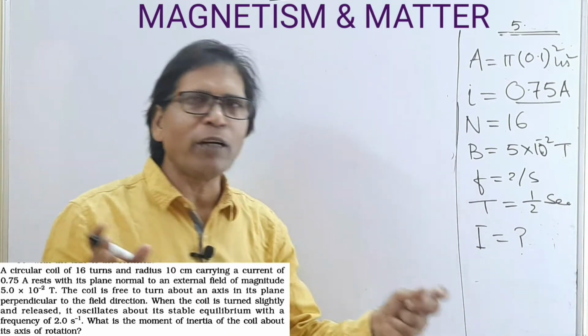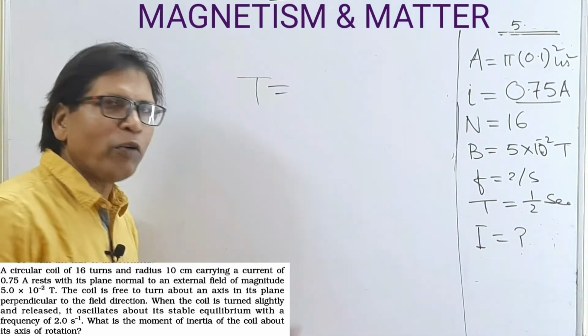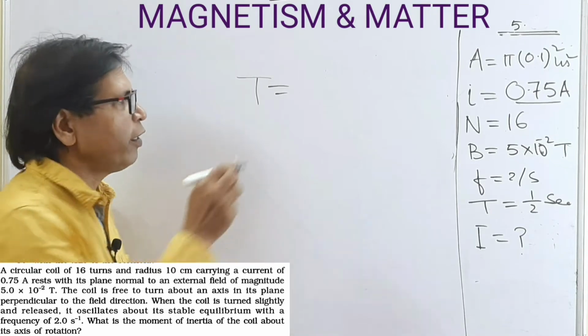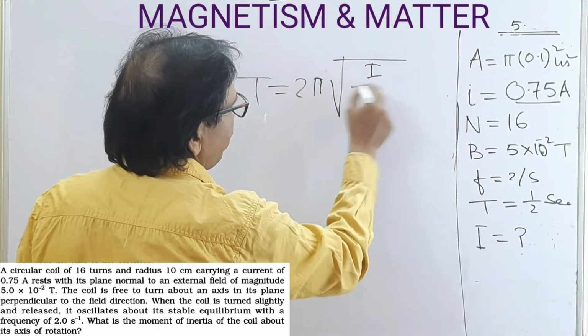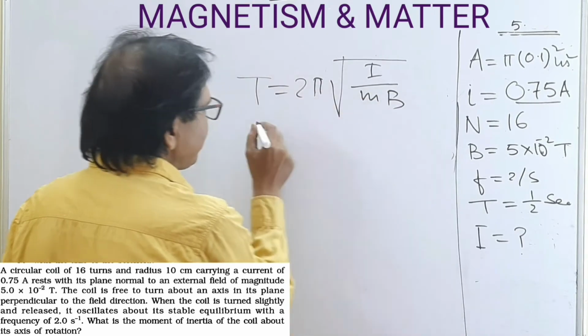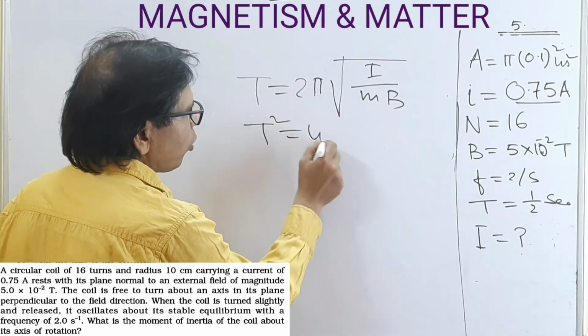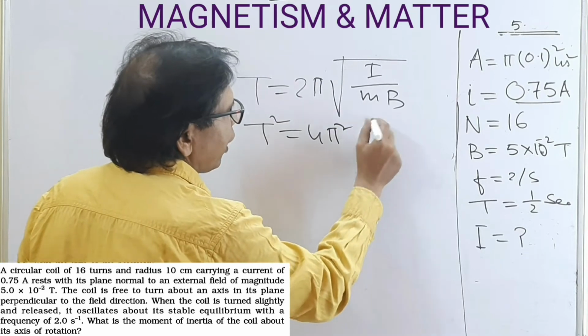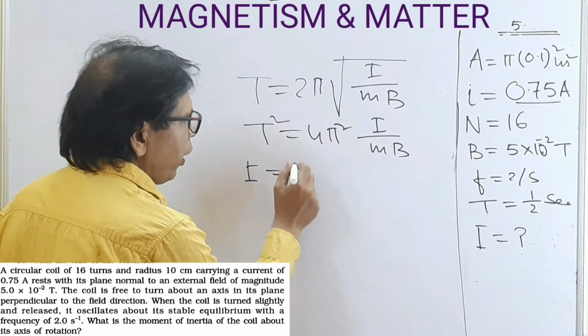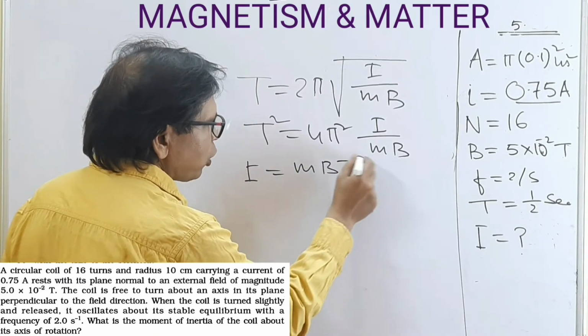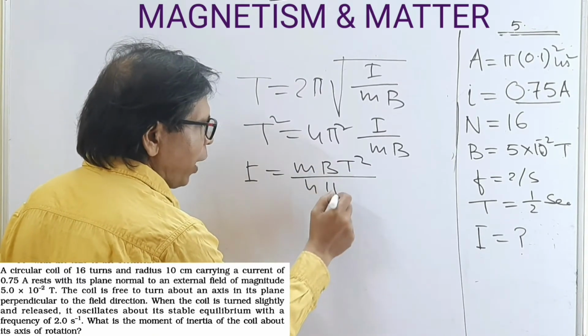We have to calculate moment of inertia. Now the period of oscillation is 2 pi root over I by mb. Now look at this, this is T square equal to 4 pi square into I by mb. So look at this, I equal to mb T square divided by 4 pi square.